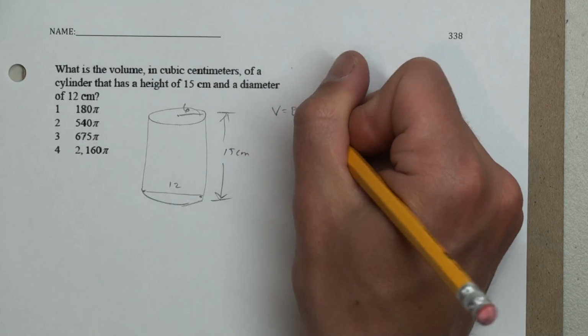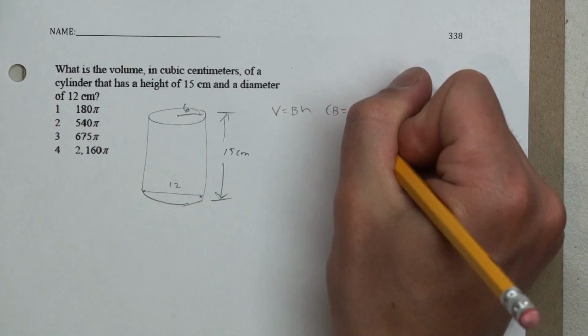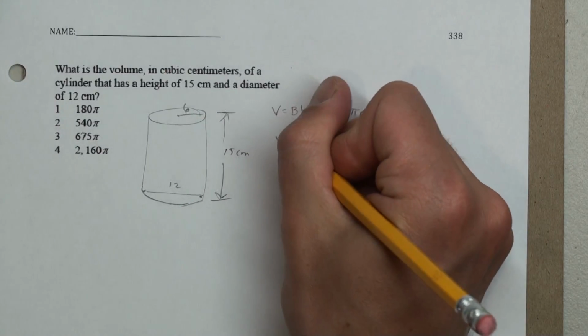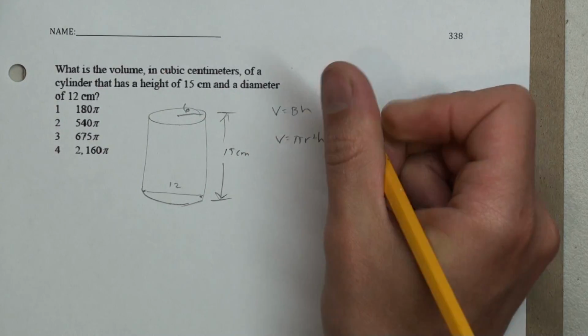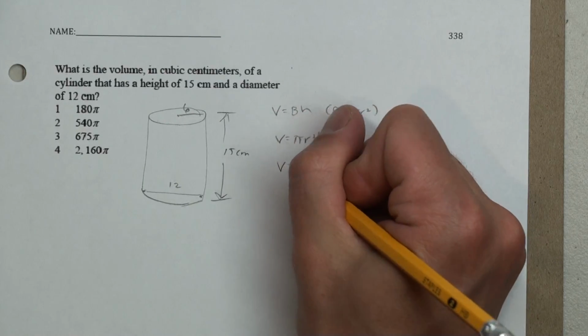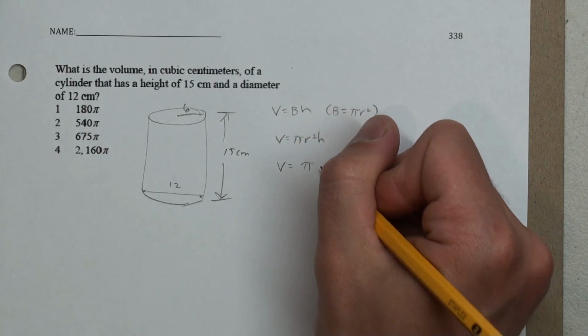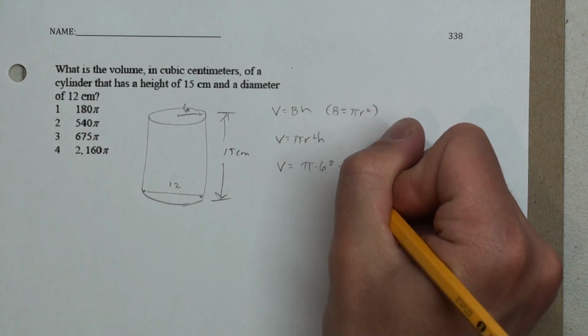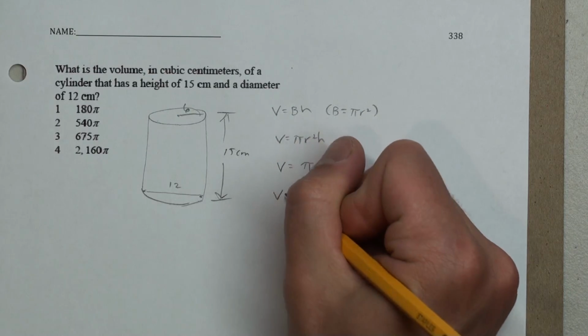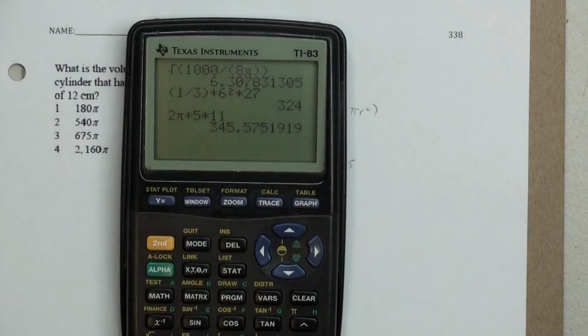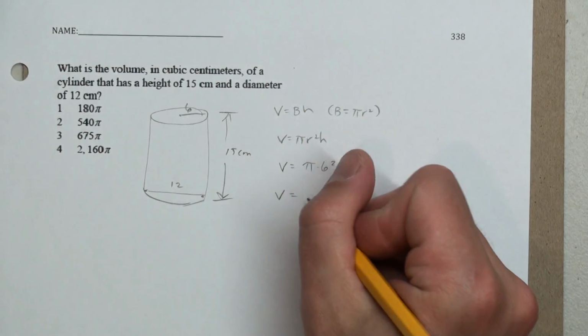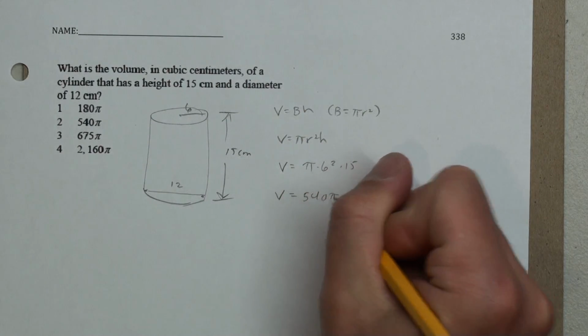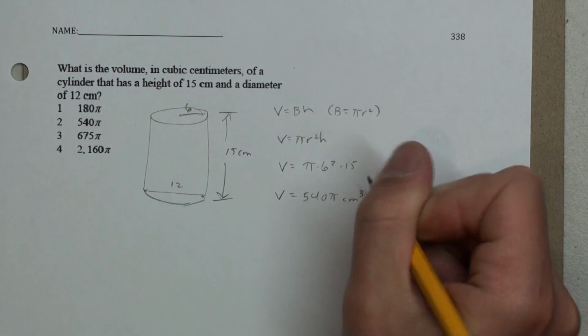So V equals Bh, where B is pi r squared. So V equals pi r squared h. So V equals pi 6 squared times 15. So V is, in terms of pi, 6 squared times 15, 540 pi centimeters cubed.